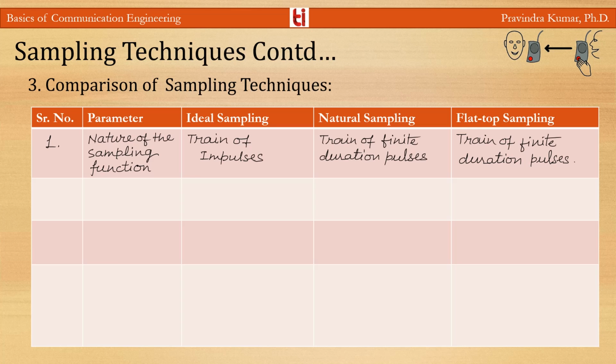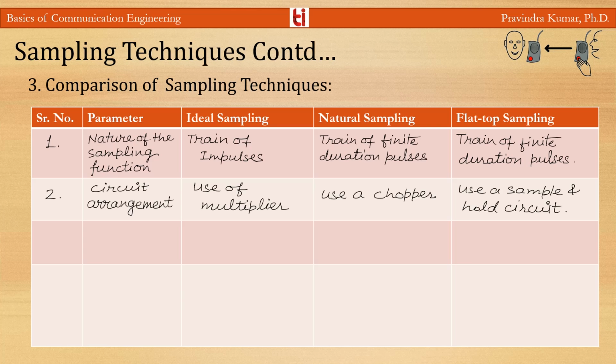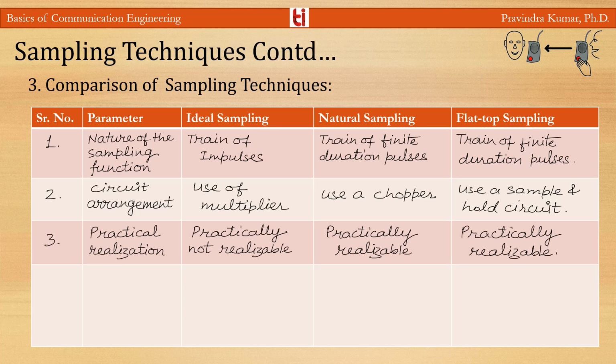Now, comparison of sampling techniques: ideal sampling, natural sampling, and flat top sampling. If we see the nature of the sampling function, in ideal sampling, a train of impulses is used as the sampling function, in natural sampling, a train of finite duration pulses is used, and in flat top sampling, a train of finite duration pulses is used. For the circuit arrangement, ideal sampling uses a multiplier, natural sampling uses a chopper, and flat top sampling uses a sample and hold circuit.